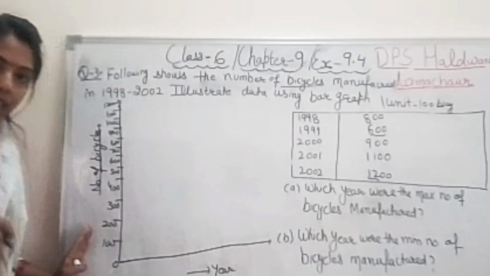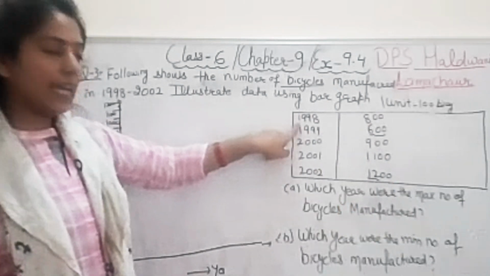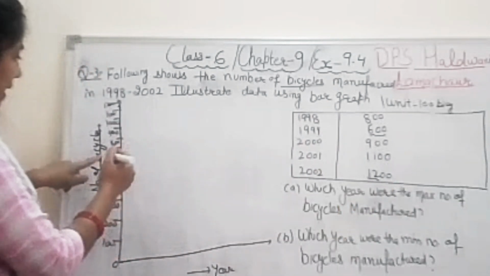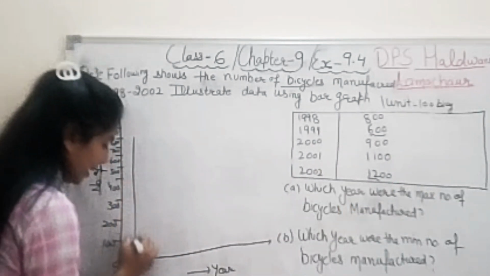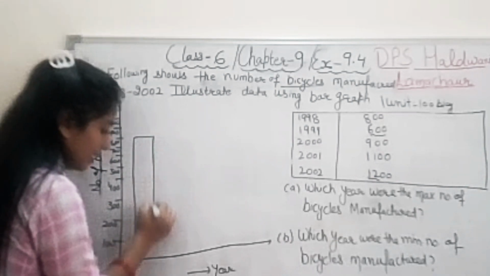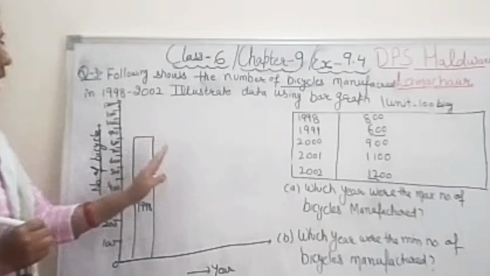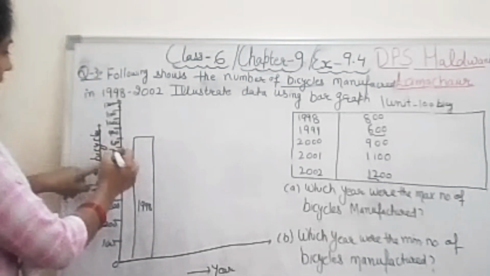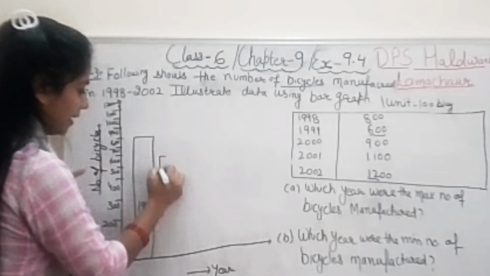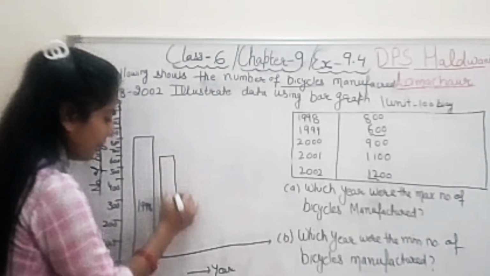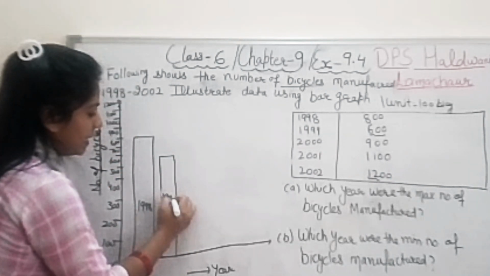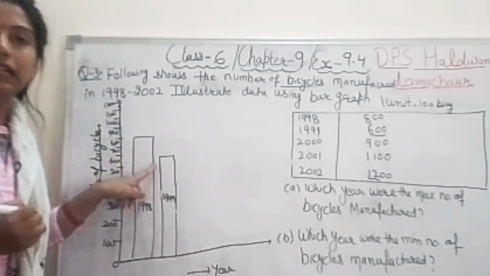We took the scale. Now start: 1998 is 800. Where is 800 here? In front of 800 you make a bar, so this is called 1998. After that 1999 is 600, where is 600? You will make a bar graph. So this is 1999, sold 600.